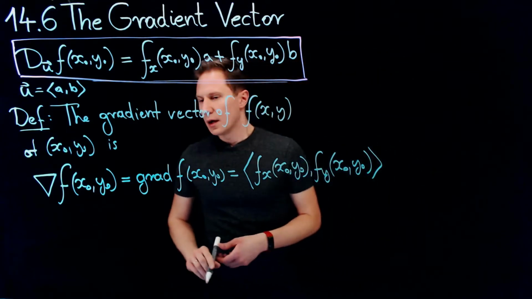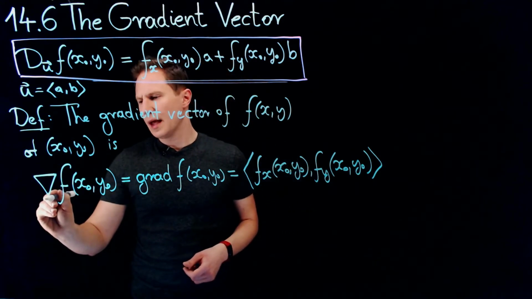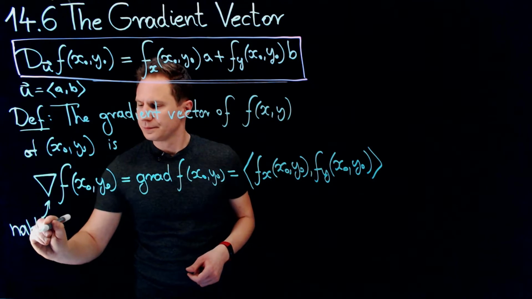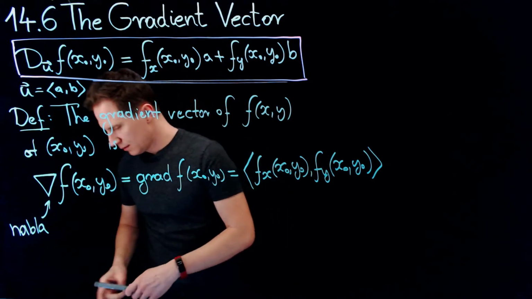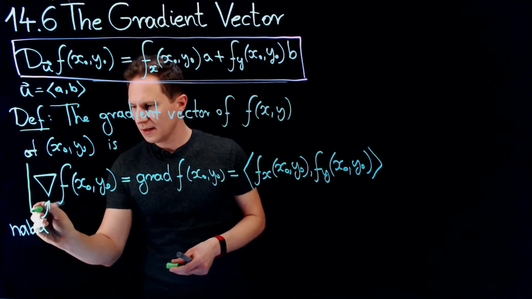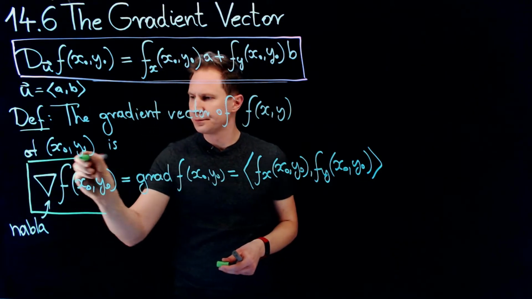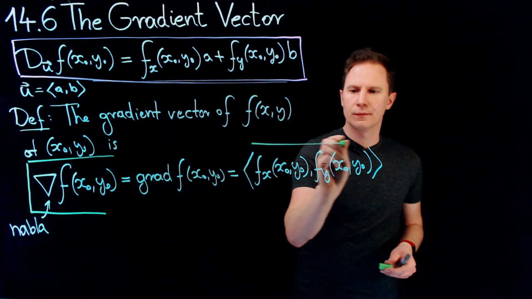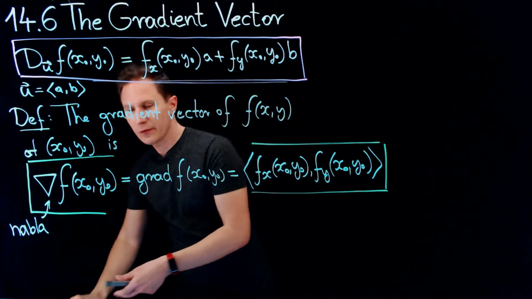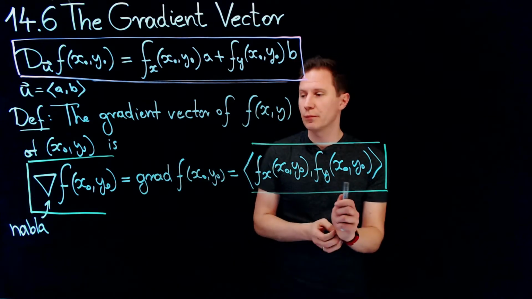Okay, this symbol is called nabla, and with this we have the gradient vector of our function. So it's a vector with some very special and important properties.